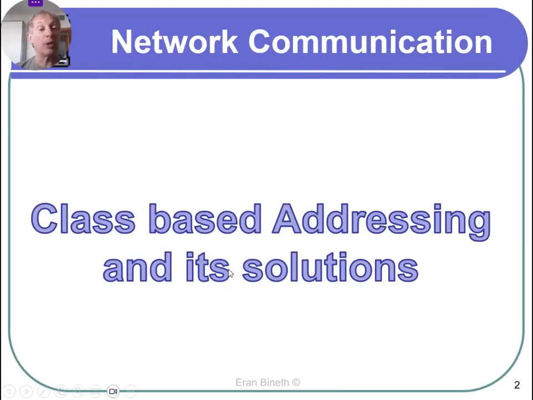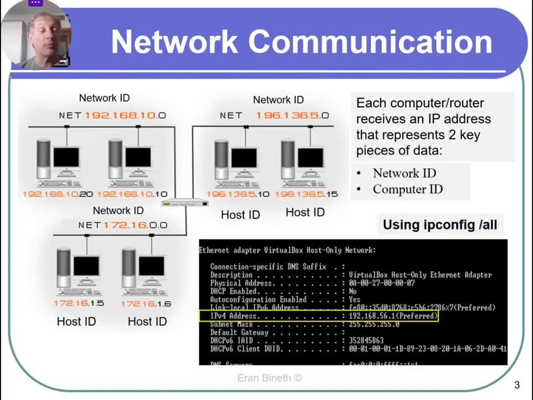We'll start with addressing and with the rather primitive approach called class-based addressing. Take a look at the following segments. Each portrays a shared set of octets in its address framework. For example, in this segment, we see 3 octets which are shared across all its devices, 192.168.10, with different information stated only on its 4th octet: 0, 10, and 20.